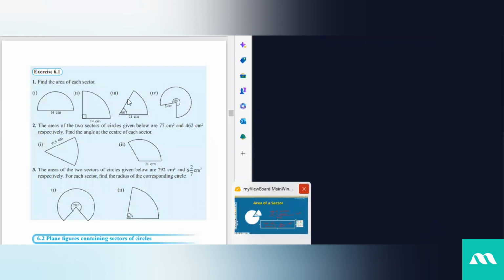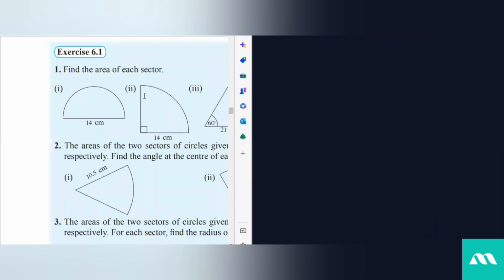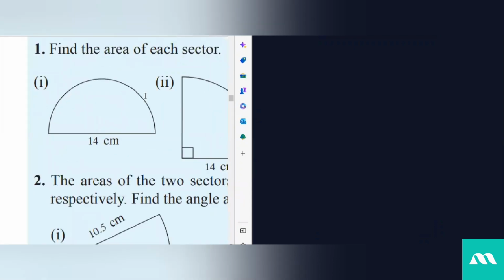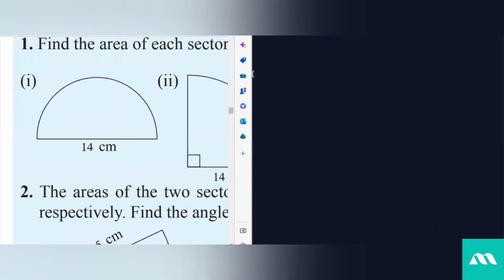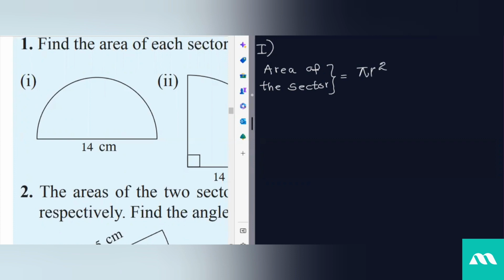If we move to the exercise, here we have to find the area of each sector. Considering the first one, the area of the sector is equal to, this is half of a circle, that means it is a semicircle, so it is pi r squared divided by 2.